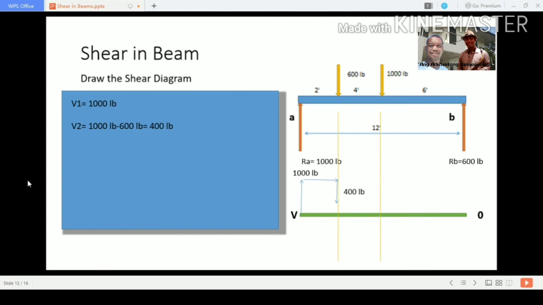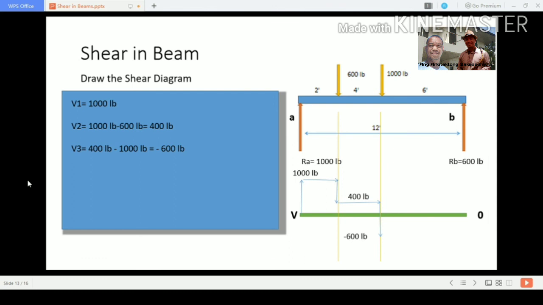So since our loads are concentrated loads, so the line is a straight line or 0 degree. Okay, from 400 to 1,000. Okay, so from 400 pounds minus 1,000 pounds, and that is equal to negative 600 pounds.